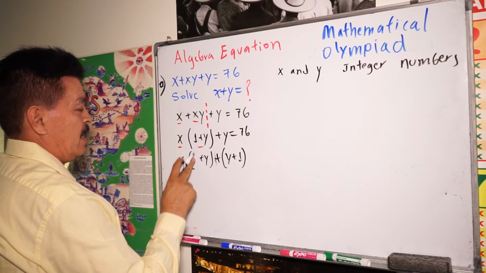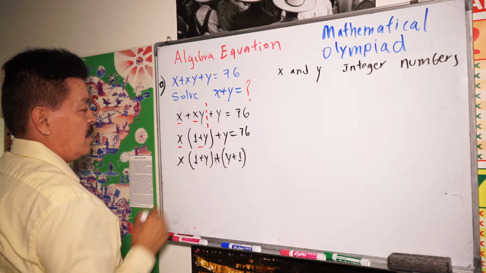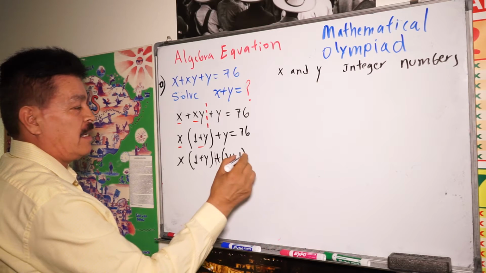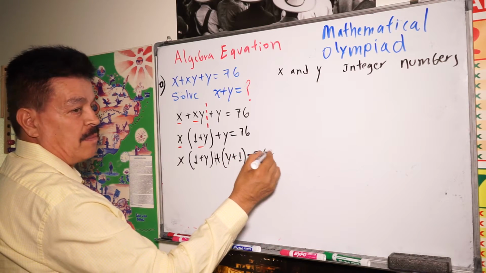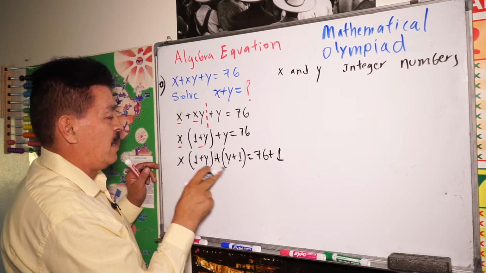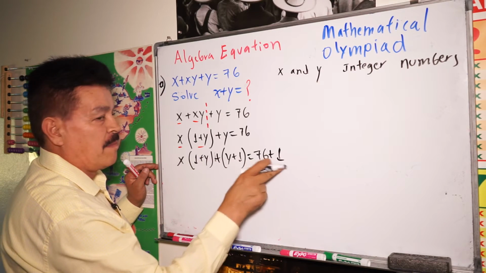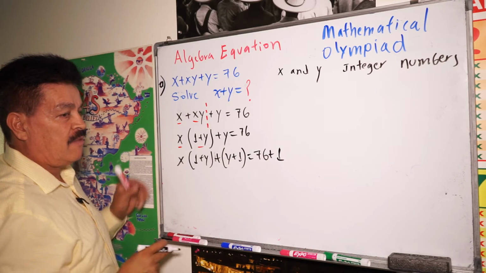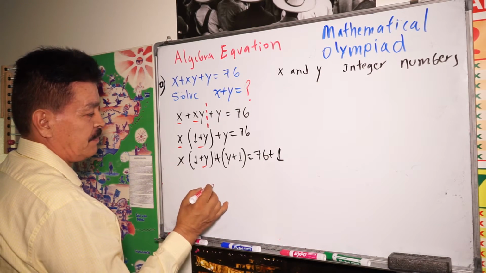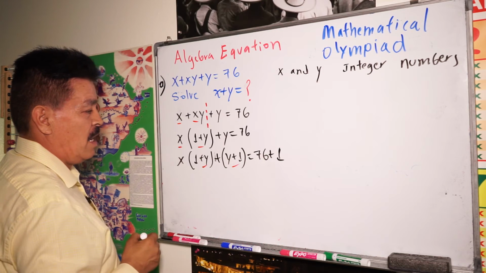I mean, right here it should be 1 plus y plus 1, equals 76 plus 1, because we added 1 here. So then you have this and this one too.